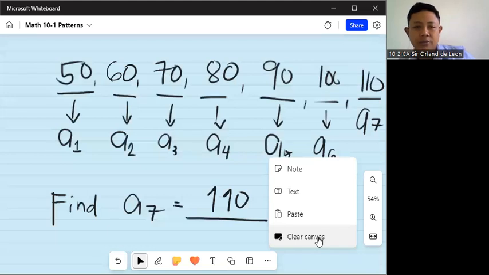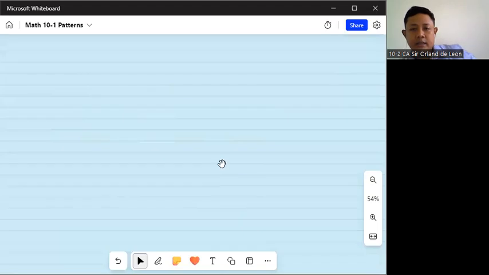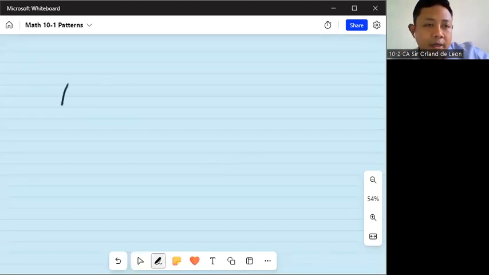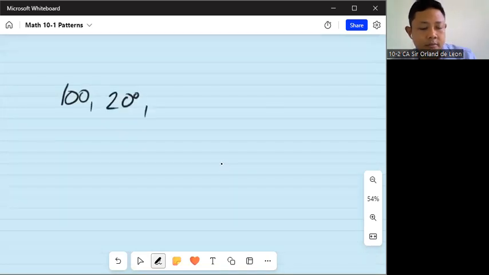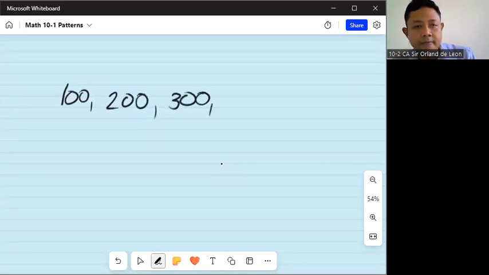Now that you know the different symbols used in the sequence, let's learn this further. For example, we have 100, 200, 300, 400, and 500.